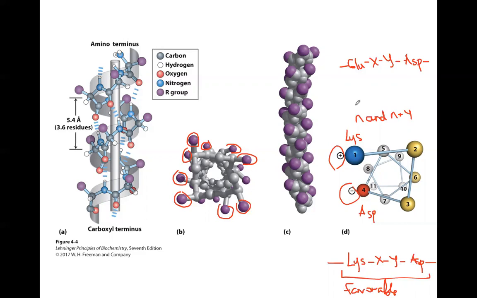So somebody says yes, somebody says no. Yes, so basically now here we have negative charge and negative charge. So these will repel each other. They will not like to be next to each other. They will not want to be hydrogen bonded because the side chains are both negatively charged. So this is unfavorable.